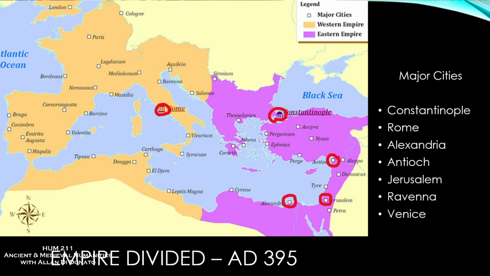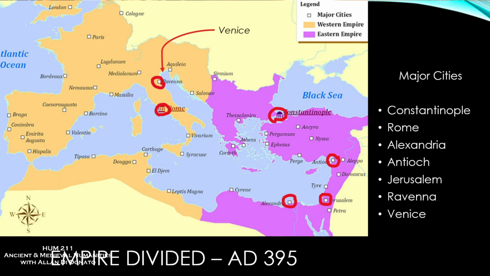Other cities just worth mentioning, like I said, Ravenna, which is the Byzantine administrative center in Italy for a good portion of the time that Byzantium controls Italy. It's also going to be the Ostrogothic capital situated in northern Italy, following the Roman model in the late Republic. And then up north a little bit further in Italy, you've got the city of Venice, which is going to show up right about here.